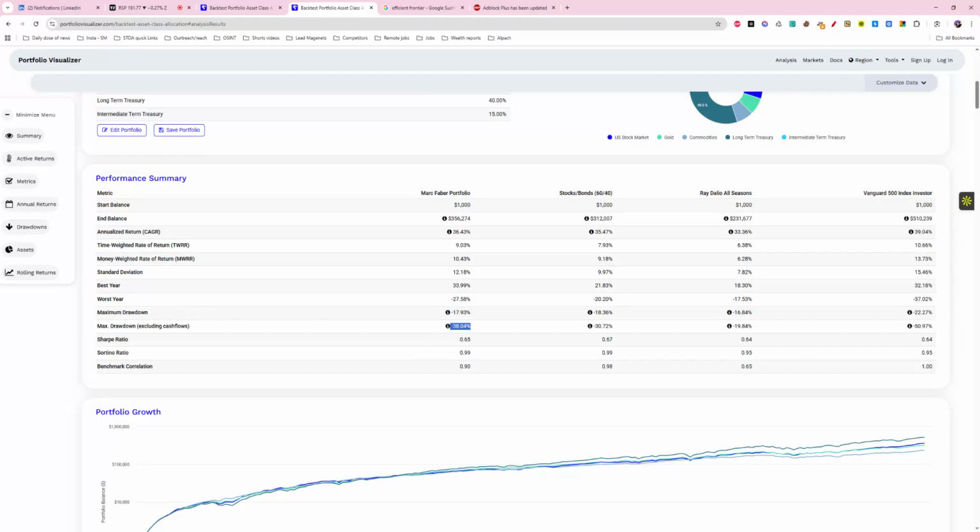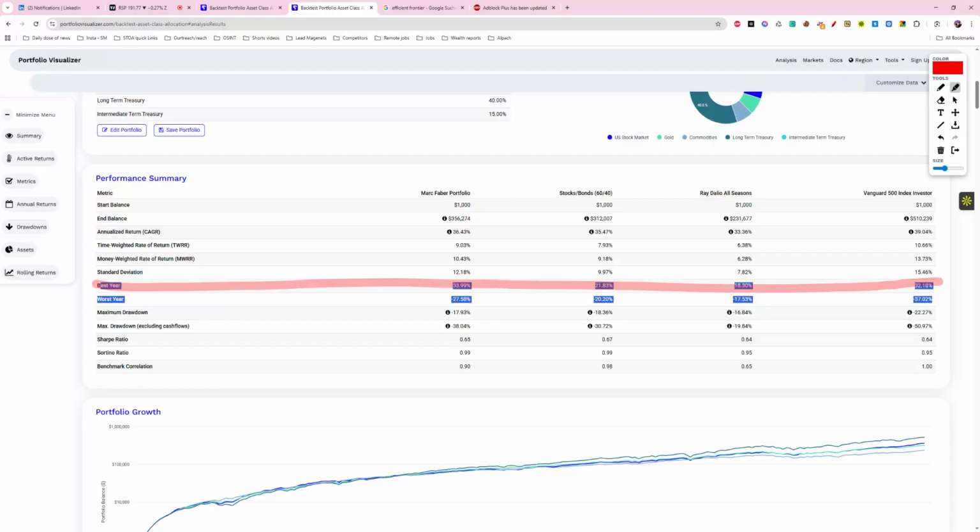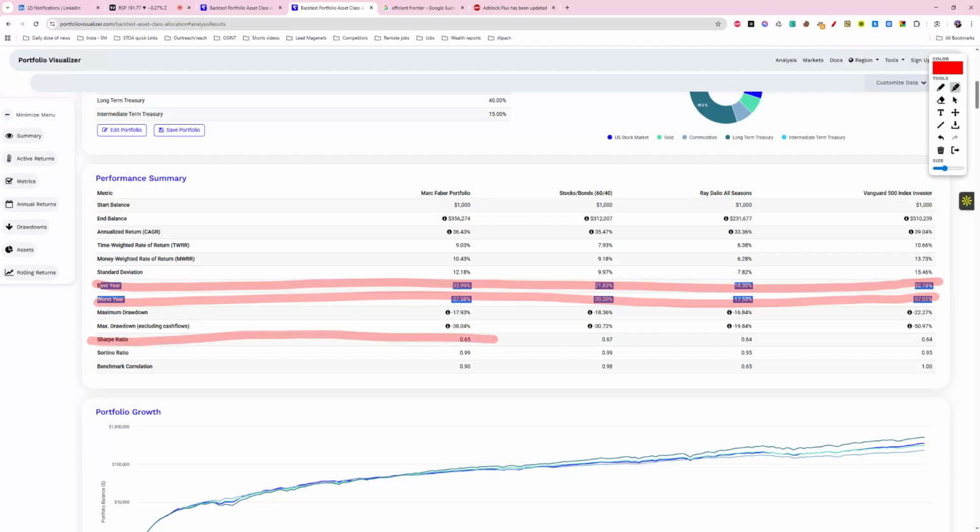So we want to watch the best years in comparison to the worst years. We can draw it over here. We want this metric, and we want the Sharpe ratio also. The Sharpe ratio tells us, for the dollar of risk we are taking, the return we are making.